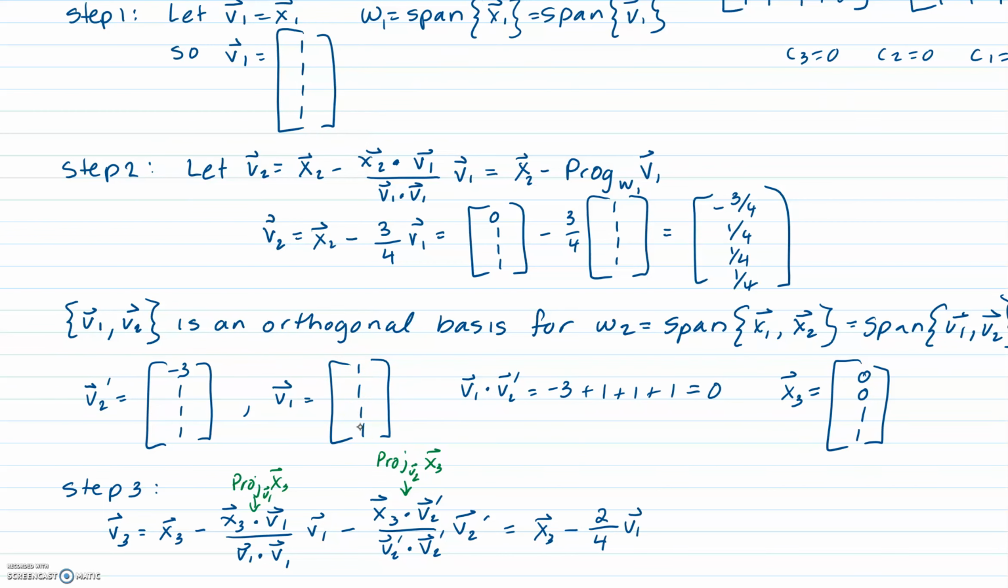Doing the same with v2 prime, v2 prime dotted with x3 is 2 again, and v2 prime dotted with itself is 9 plus 3, which is 12.